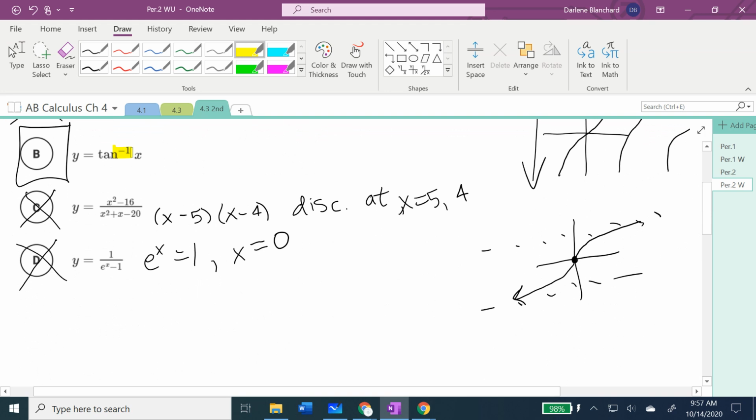This makes you think denominator, but it actually means the inverse tangent. And the graph of inverse tangent is continuous for all real numbers. And you can also check by looking at the graph. If you graph arctangent and look at it, you'll see that too.